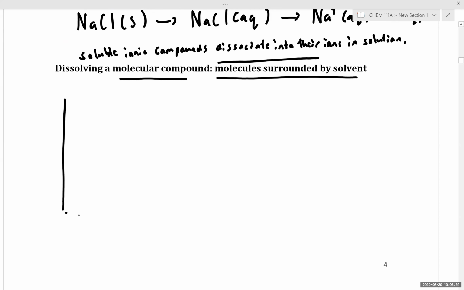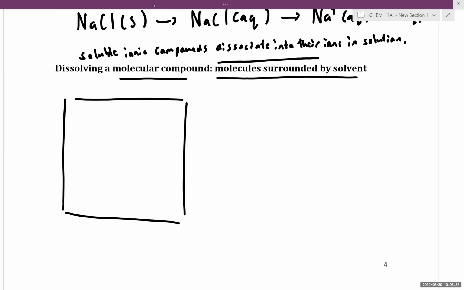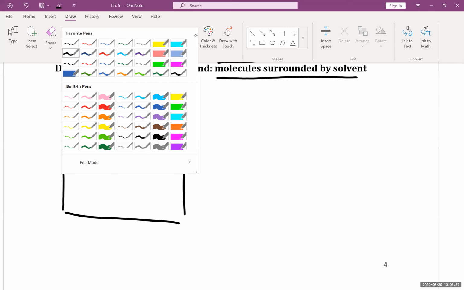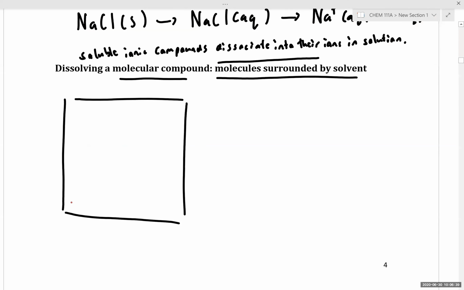So let's draw a picture once again, and let's pretend that we are trying to dissolve some acetic acid. So initially, our molecules are pretty closely packed.